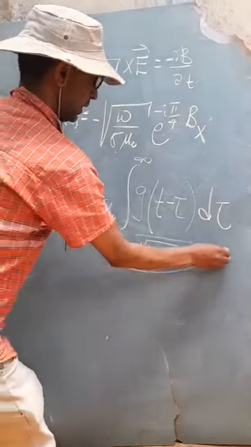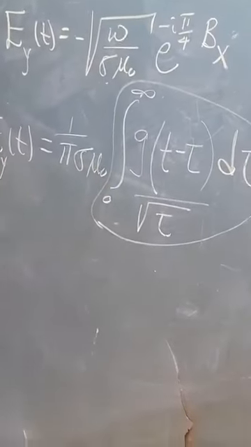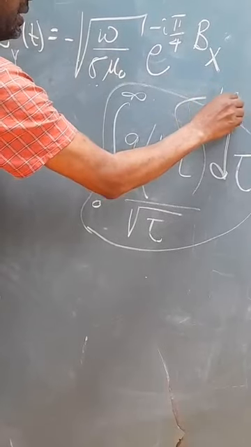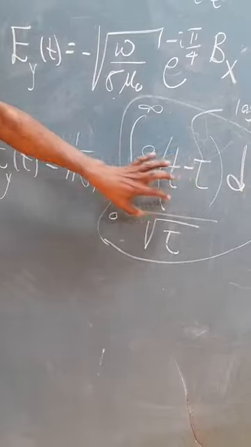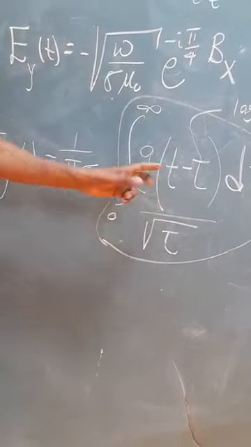This formula implies a convolution integral, where tau is the lag time, and g is the time derivative of the magnetic field.